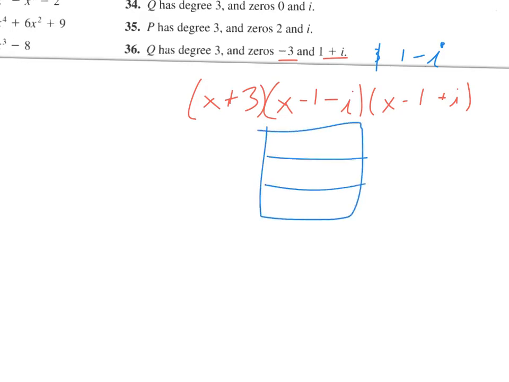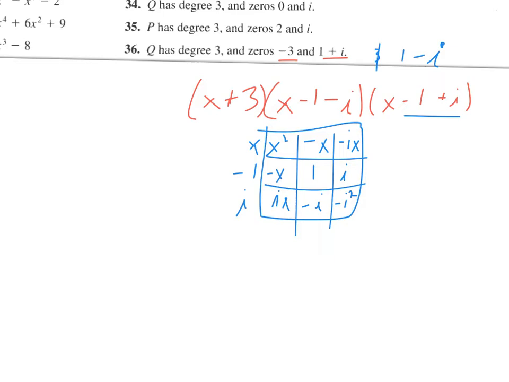So now I'm going to build my box here. And I like to multiply the imaginary ones together first. The imaginary terms should all cancel out by the time I'm done. So I'm just going to multiply these together. And then we got negative i right there, and then negative i squared.